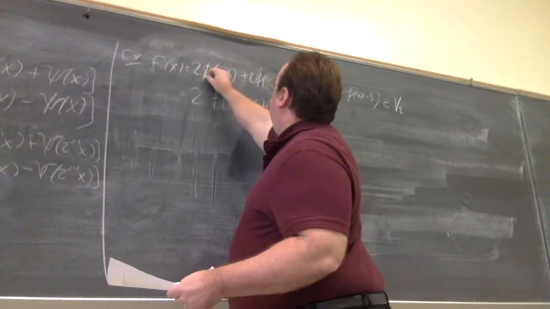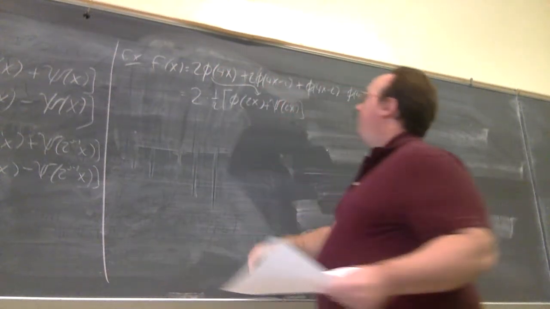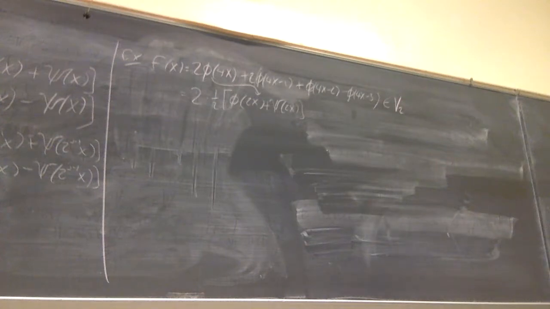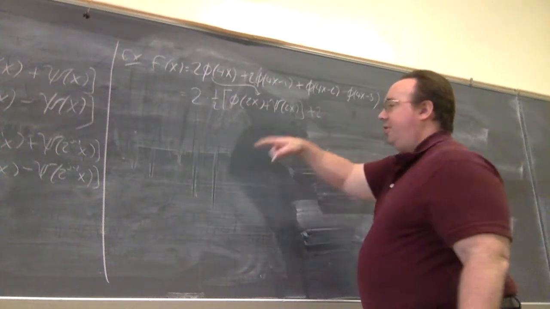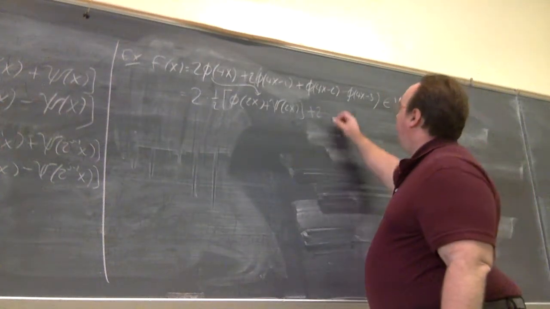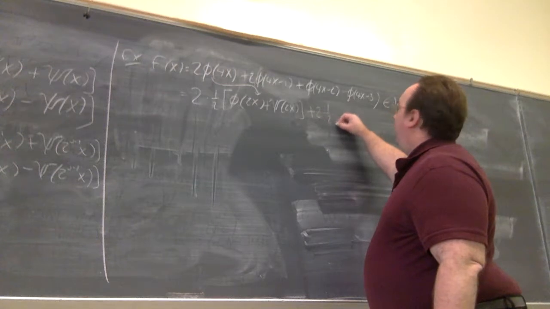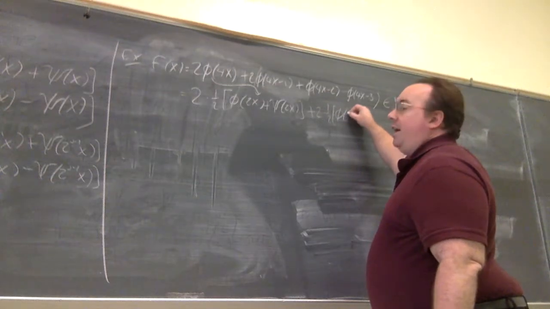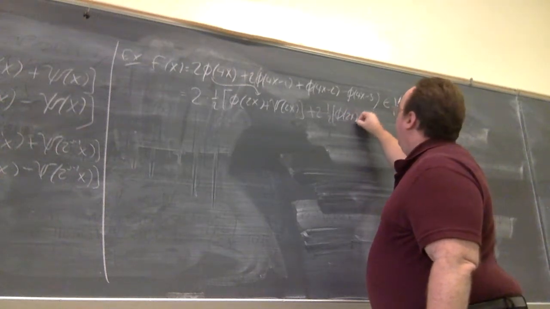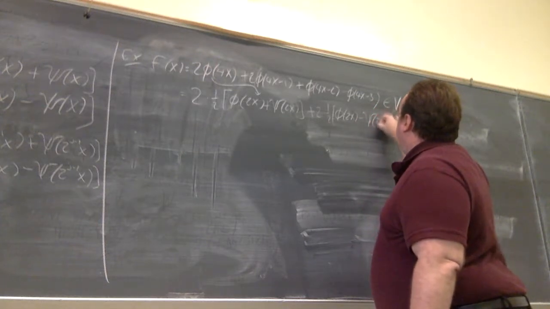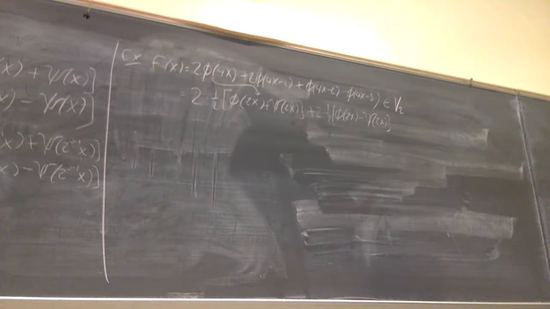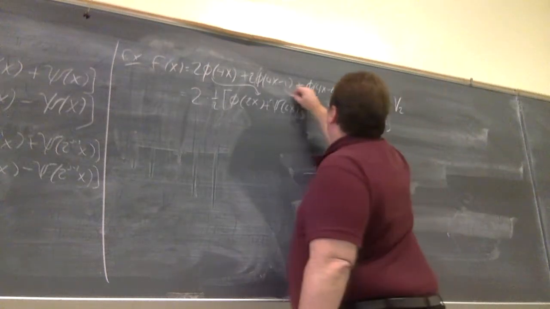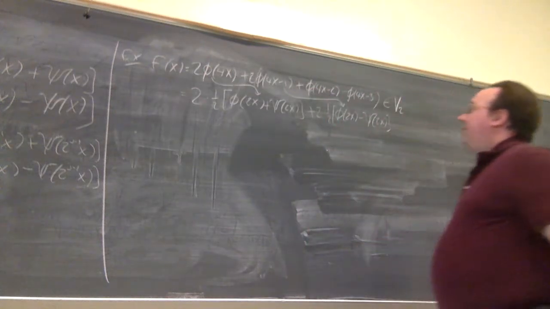So that covers the first term. And then for the second term, phi of 4x minus 1, I can use the second equation, again with j equal 2. So I have phi of 2x minus psi of 2x. So that covers that term.